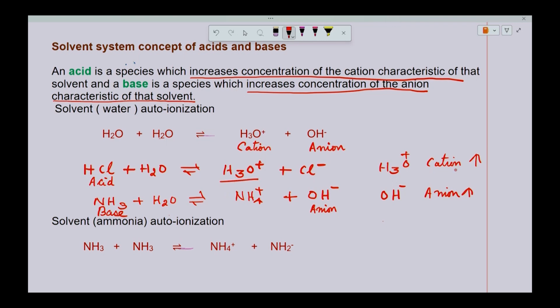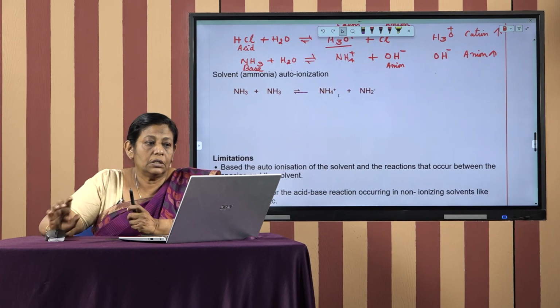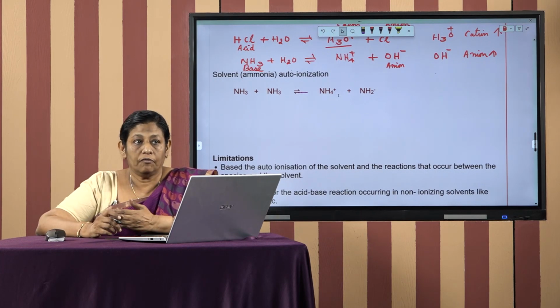The cation concentration is increasing. In the case of ammonia added to water, OH minus ions come from ammonia reacting with water, and therefore the concentration of OH minus ions in water increases, and that is a base. Okay. Now, let us consider ammonia as a solvent.